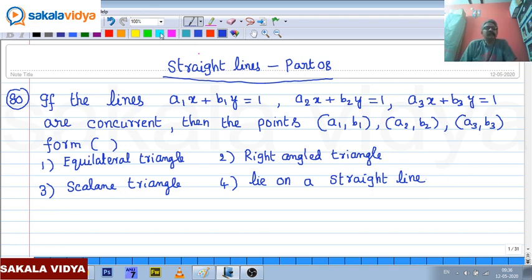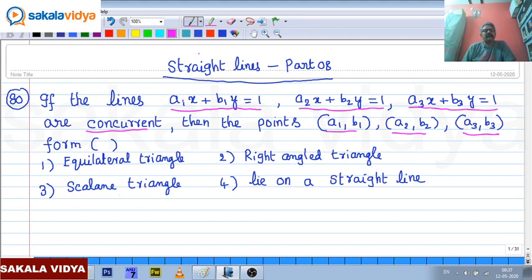So now if the lines a1x plus b1y equals to 1, a2x plus b2y equals to 1, a3x plus b3y equal to 1 are concurrent, then the points a1 comma b1, a2 comma b2, a3 comma b3 form an equilateral triangle, right angle triangle, scalene triangle, or lie on a straight line.